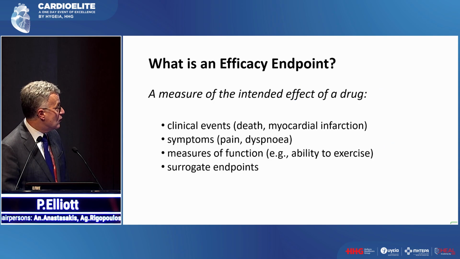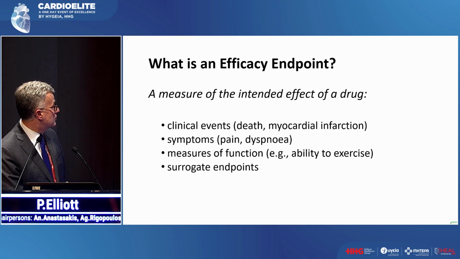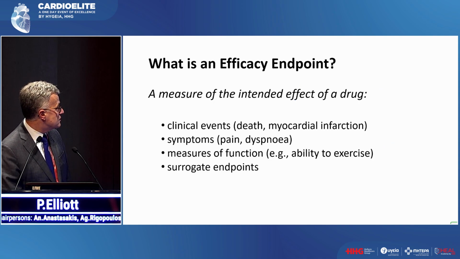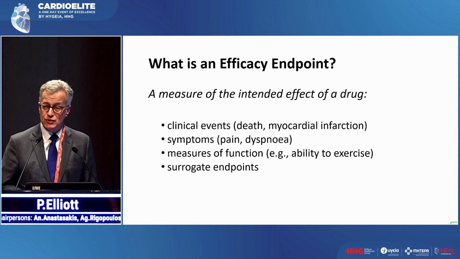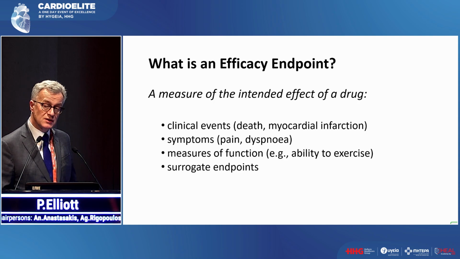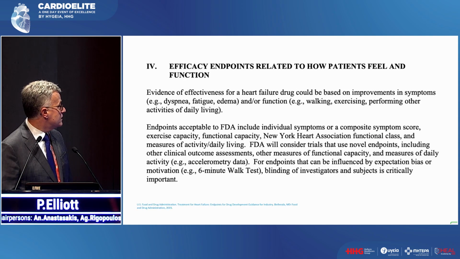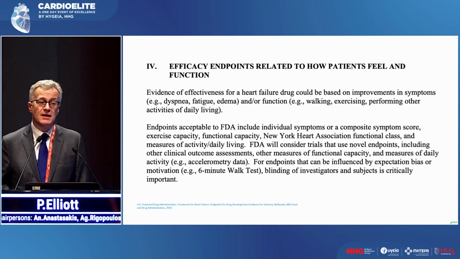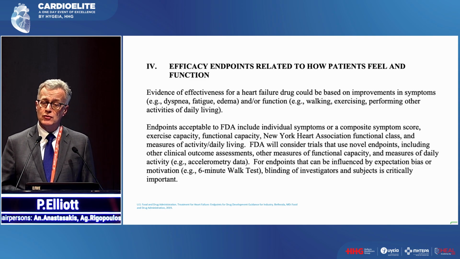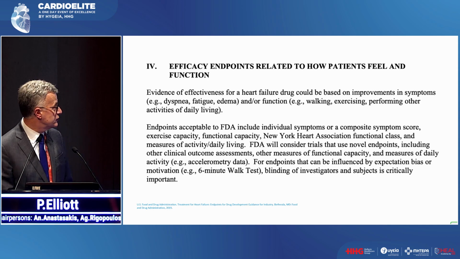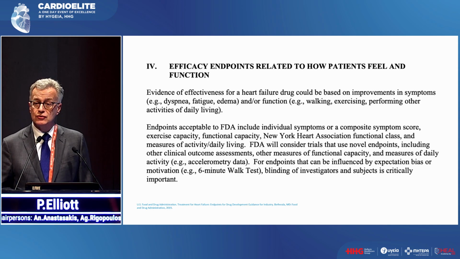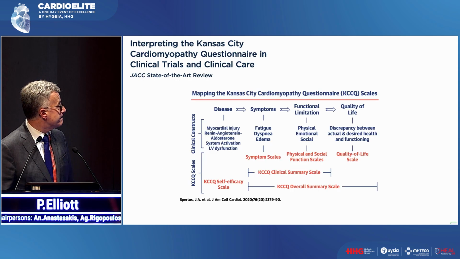So we've made a big move from clinical events to functional measures. And I've shown you some examples of that already. This has been accepted now for approval by the FDA, by EMA, for accelerated approvals based upon functional and symptomatic criteria.